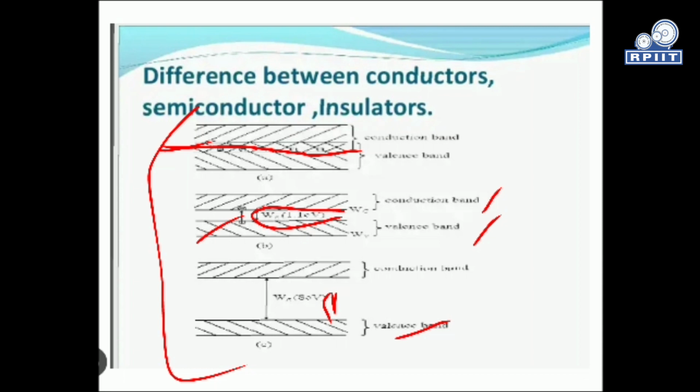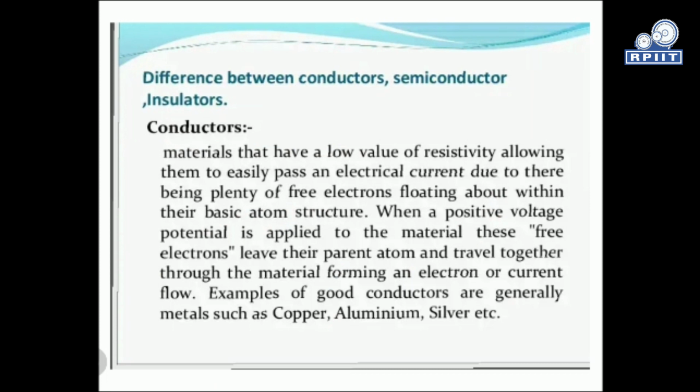We will understand why this energy gap is more or less, or very narrow, in detail by using the other terms, conductor, semiconductor and insulator. First of all, the conductor. I will say it is a material that has a low value of resistivity, allowing it to easily pass electric current due to there being plenty of free electrons floating about within the basic atom structure.